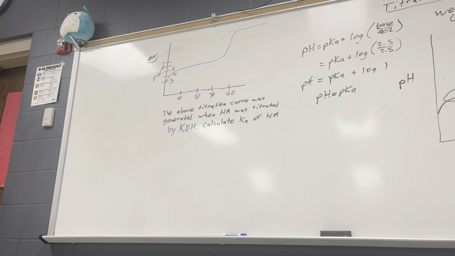Good job. What did I put in wrong? How do you put it in the calculator? You do second, but let me see. It's second log and then second negative.